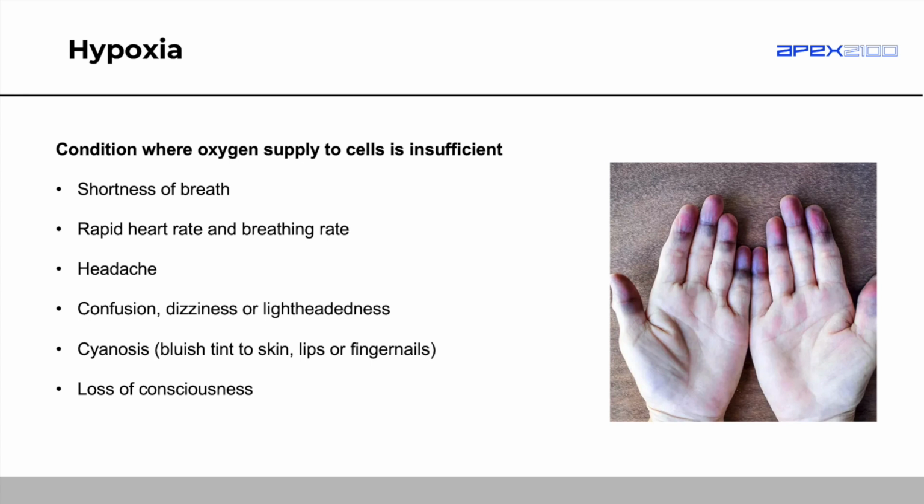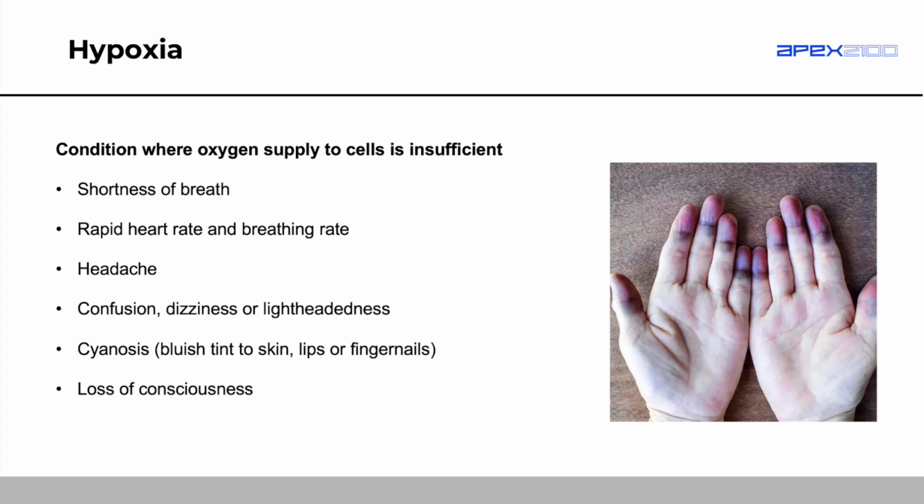Now, what happens when we don't have enough oxygen for our cells? This is called hypoxia. When there's not enough oxygen to supply our cells, we often have shortness of breath, which is difficulty in breathing or feeling like we're not getting enough air, and a rapid heart rate, as the body tries to compensate for low oxygen levels. Same thing for an increased breathing rate as we're trying to take in more oxygen.